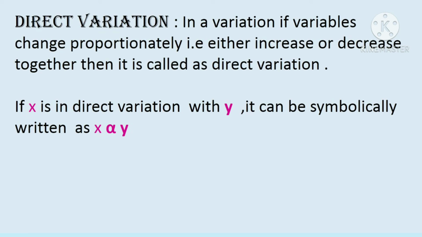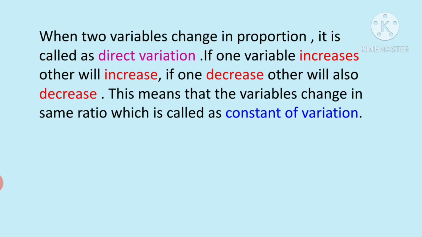When two variables change in proportion, it is called direct variation. If one variable increases, the other will increase. If one decreases, the other will also decrease.